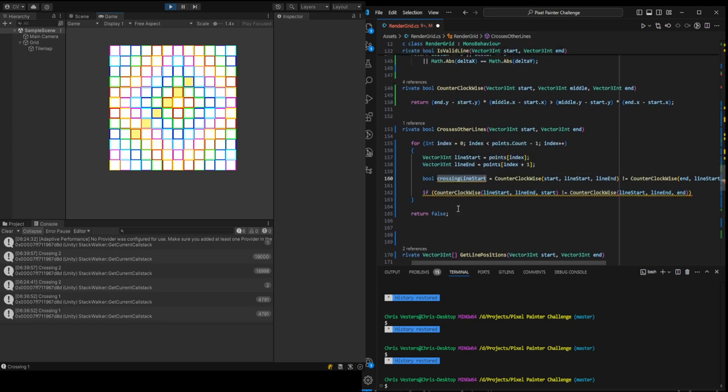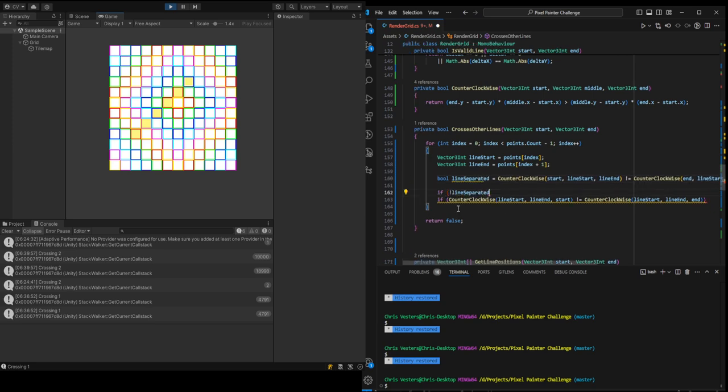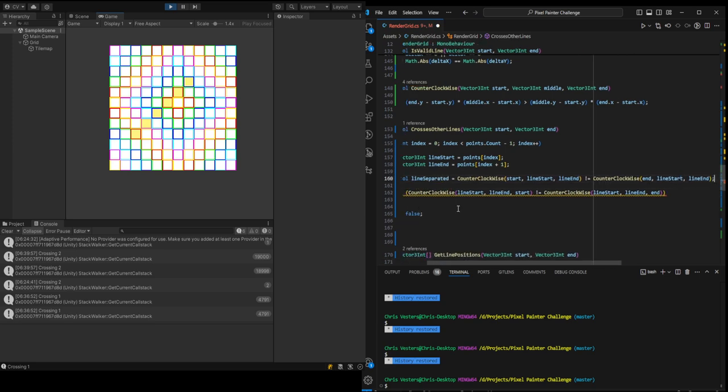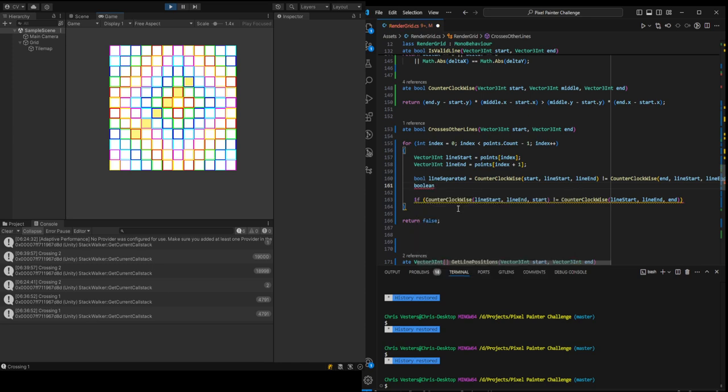Okay, how do we call this? Line separated, which is a bad name because it was also going to be a line separator. Boolean, line separate 2.